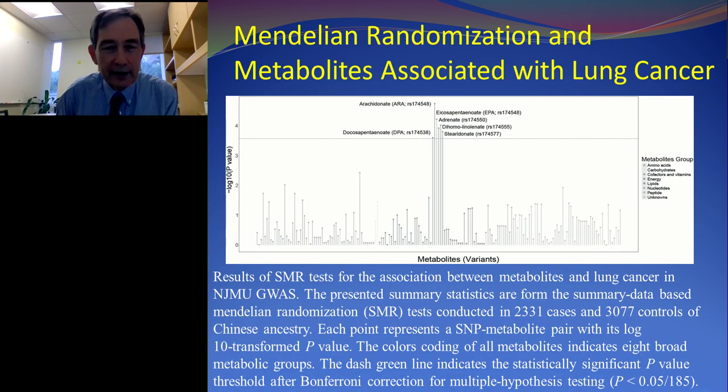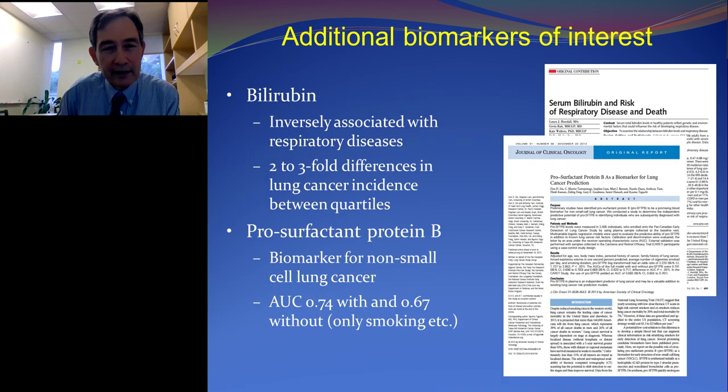When they do that, they find an arachidonic acid metabolite being very, very strongly associated with lung cancer risk. So that's allowing us to screen through lots of new phenotypes that might be associated with lung cancer. There are some older studies.